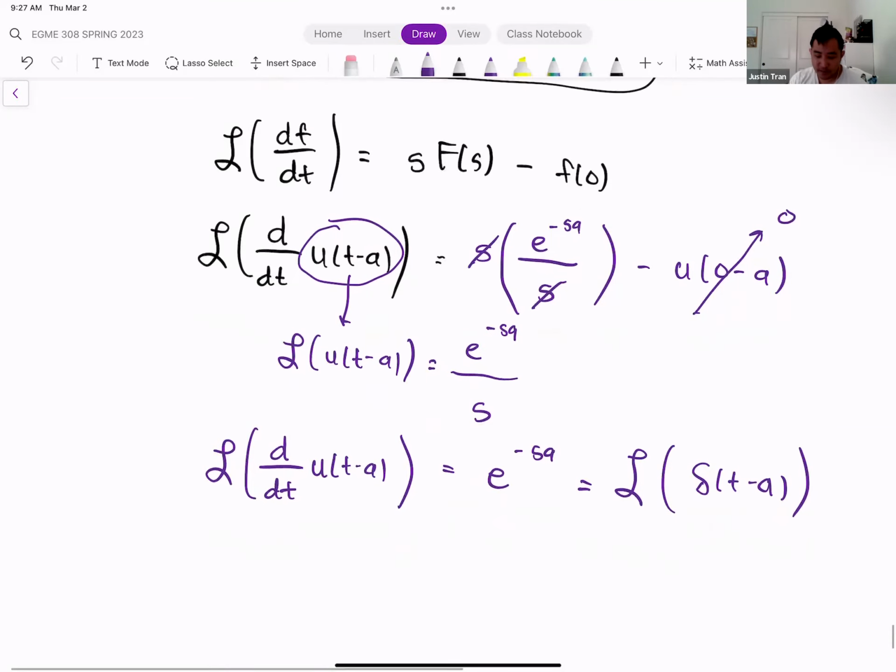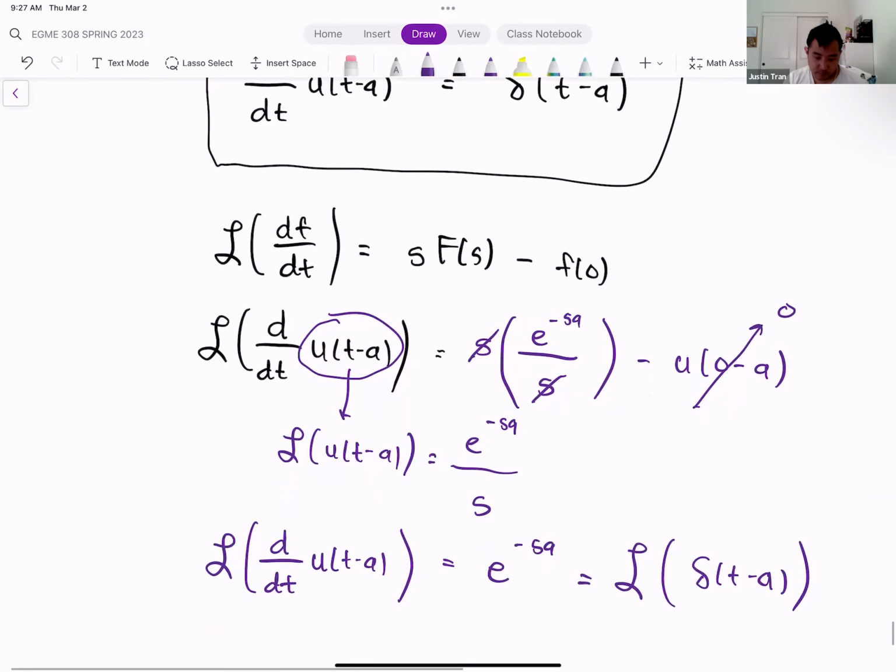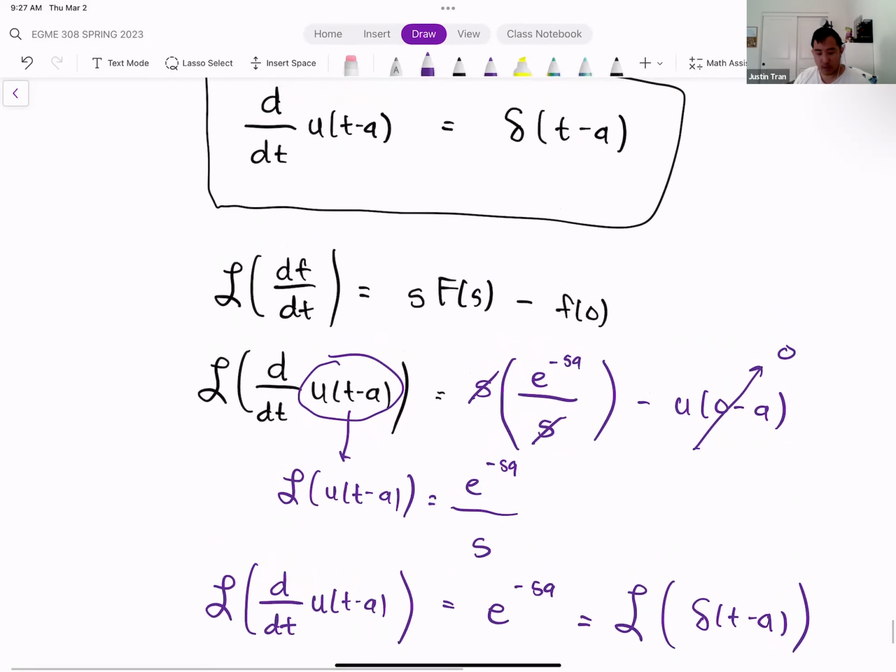It's very simple to show that we have this mathematical relationship between step and impulse functions. The impulse function is just the derivative of the step function. All right. Any questions on this little proof here?